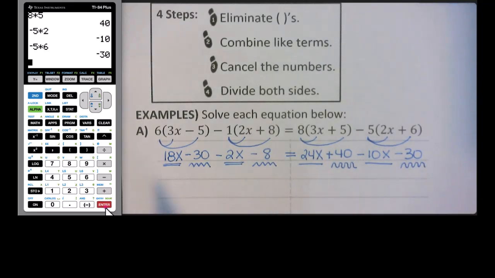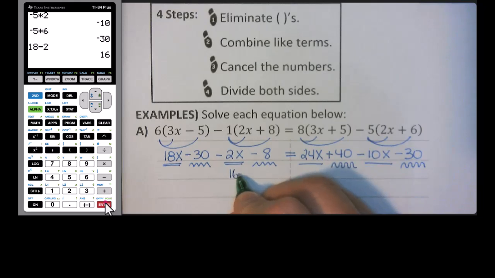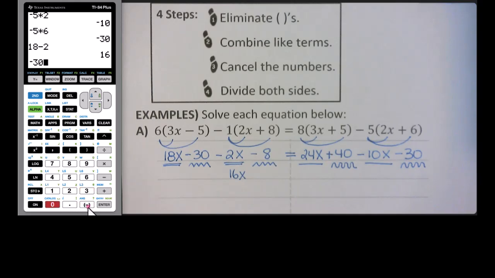All right, so now we're going to use the calculator to do the combination 18 minus 2. So 18 minus 2, we get 16x. Then we have negative 30. Remember, the first sign that is a negative is a little one, and then minus 8, and we get negative 38.